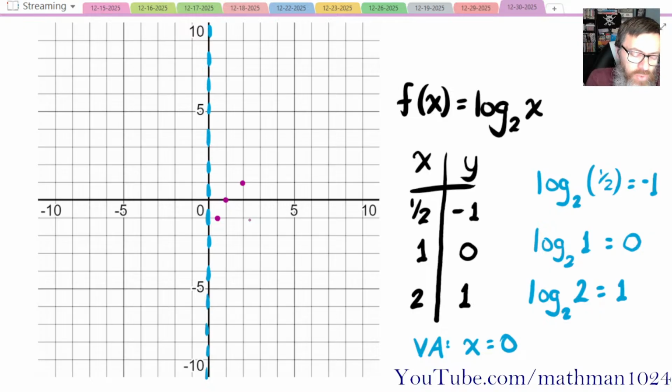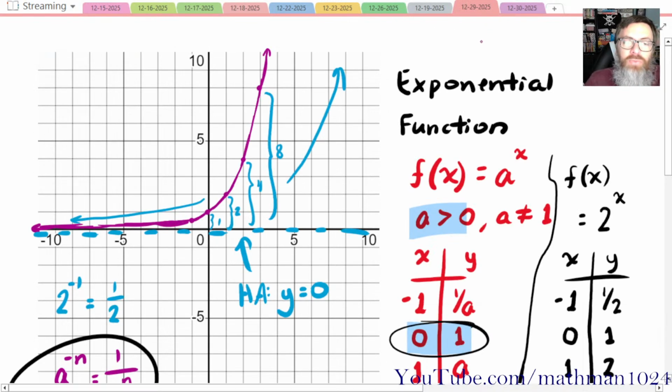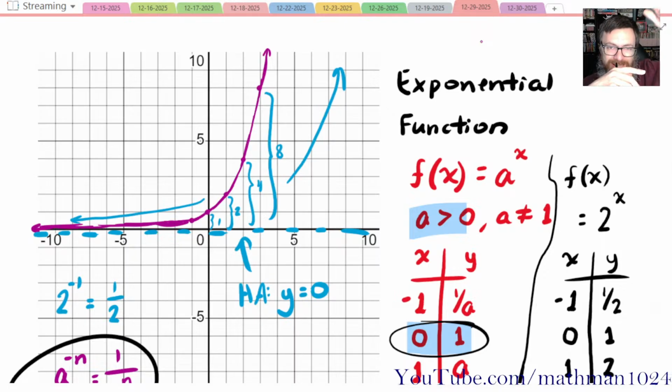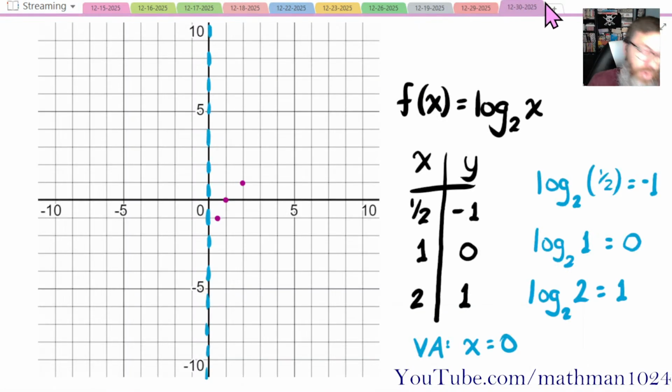Right? So for the exponential, over here, every step that I moved along the x-axis, I was multiplying times the base to get to the next y value. So you see here I went from 1 to 2 to 4 to 8. Every step I made along the x, I was doubling the y. Over here, we're going to kind of flip that mentality.